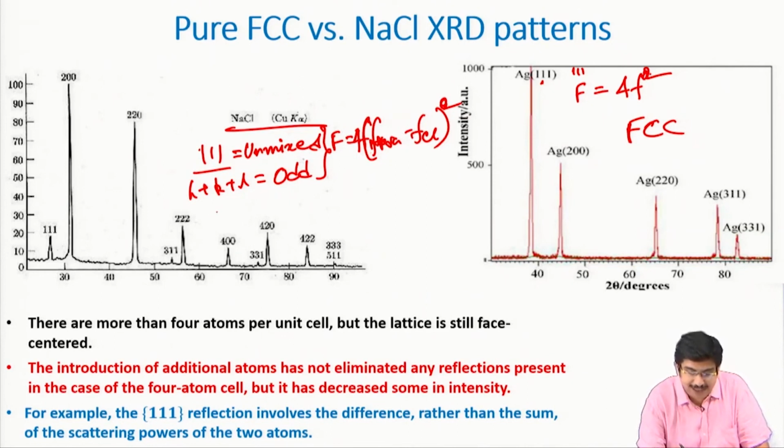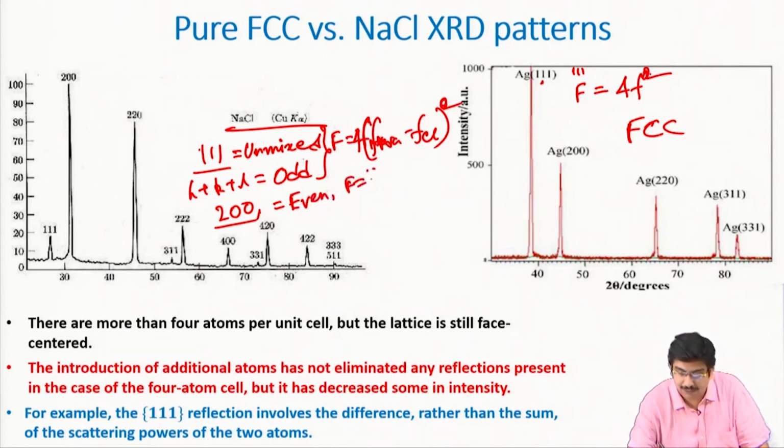But if I consider, let us say, the 200 plane, again it is unmixed and H plus K plus L is even. So, F in this case will be 4 into (FNa plus FCl).